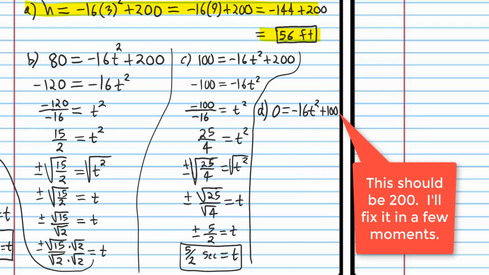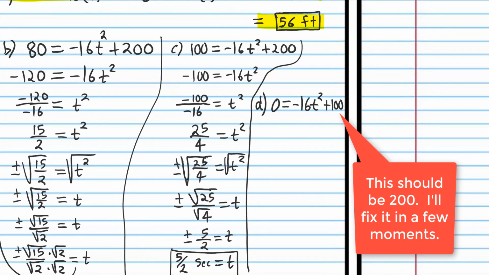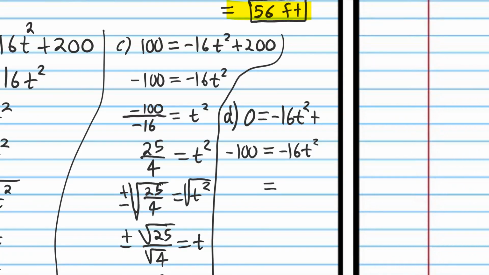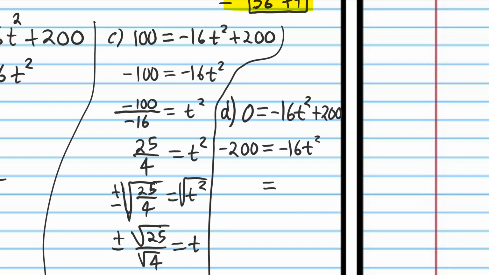So now we just solve for t squared again. Same situation. We subtract 100 from both sides, and we get negative 100 equals negative 16t squared. Divide both sides by negative 16. Whoops, that shouldn't be 100. I'm sorry, that should be 200. Subtract 200 from both sides, we get negative 200 over here. And divide both sides by negative 16.